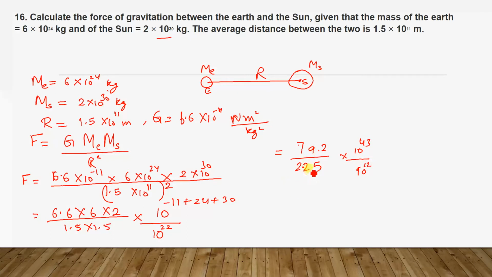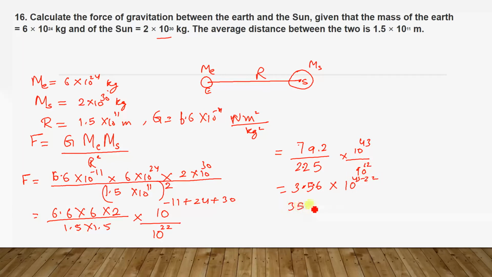On further solving this 2.25 and 79.2, what we get is 35.6 into 10 raised to power 43 minus 22.